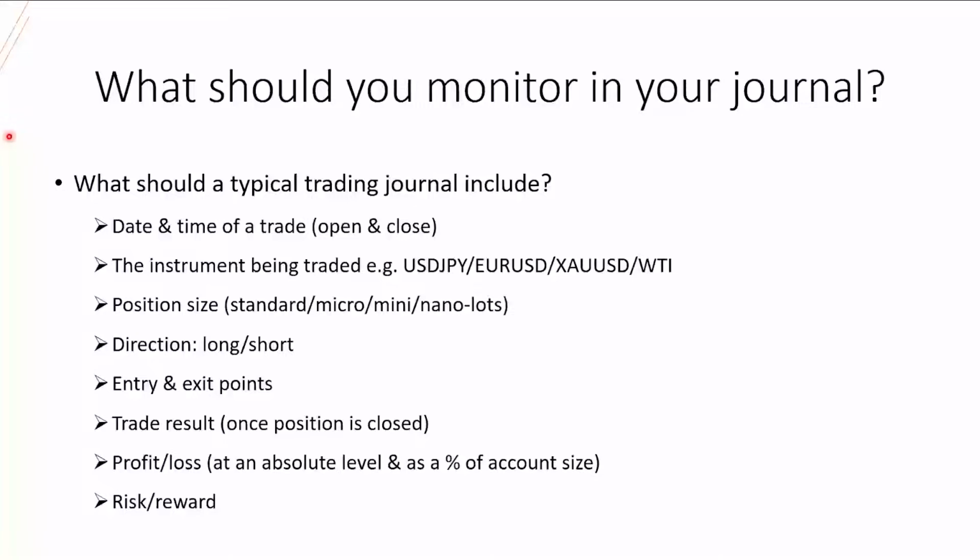Okay, so that is why it's important to generally identify your risk reward ratio. And for me, I would use a 1 to 3 ratio, which means the maximum I would risk on any single trade would be 1% of my account size. Now, this doesn't matter if I'm using a standard, micro, mini, or nano lot. It just basically means that whatever lot size I use, the risk that I'm going to expose myself to on this particular trade should be no more than 1% of my total account size.